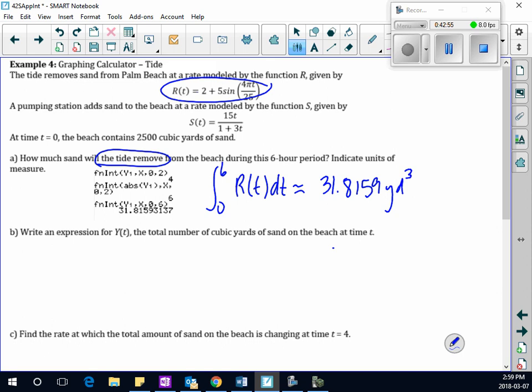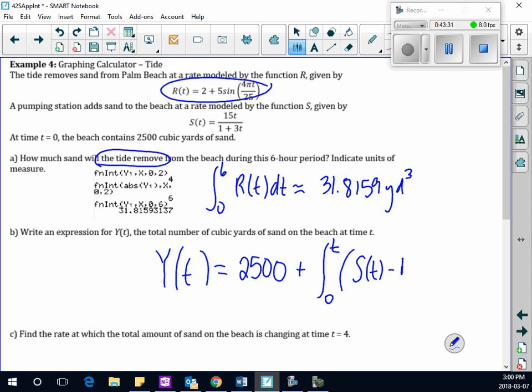So y of t is going to be, does everybody see that this is how much is coming in and this is how much is getting removed? And we're starting at that. So can we get this? y of t is going to be, we're starting at 2,500 and we're going from 0 time to some time t, I don't know at this point, so I'm going to call it just time t. And this is going to be the integral of s of t minus r of t dt.